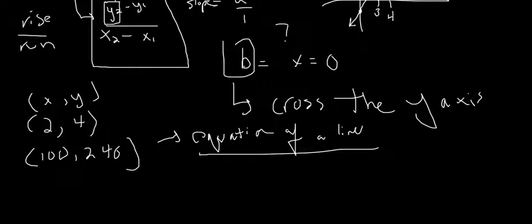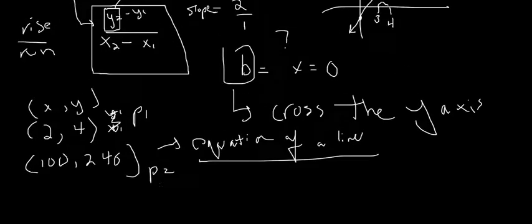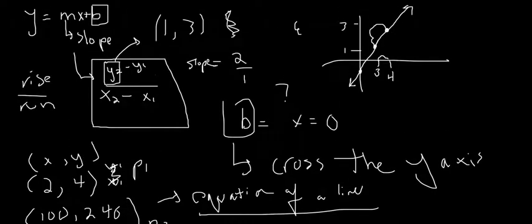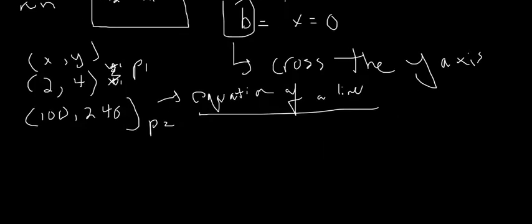So, what we can do is, you can use p1 and p2, point 1, point 2, right? And we know the slope formula: y2 minus y1 over x2 minus x1. So what's my y2?